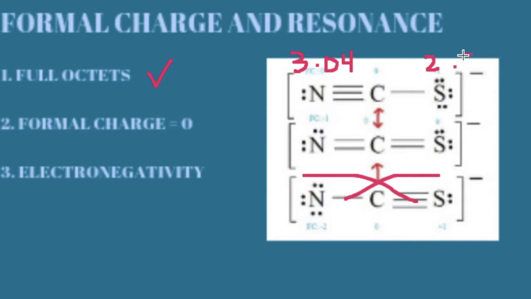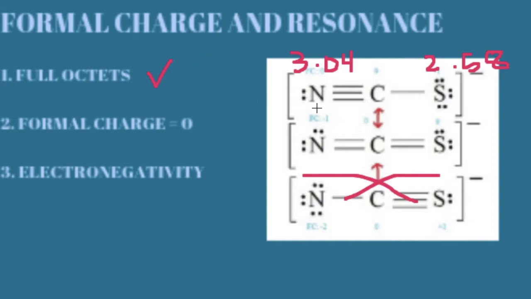So that means that the nitrogen just barely beats the sulfur in terms of its electronegativity. And the reason why this is important is because we want the negative formal charges to be on the more electronegative atoms.